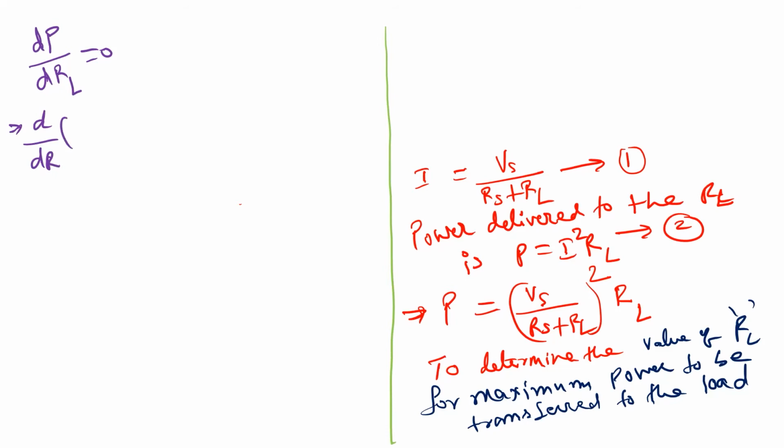Your P is Vs square by (Rs plus RL) whole square, into RL, is equal to 0. Right. Now you apply the U by V formula. When you apply the U by V formula, you know that's the formula.